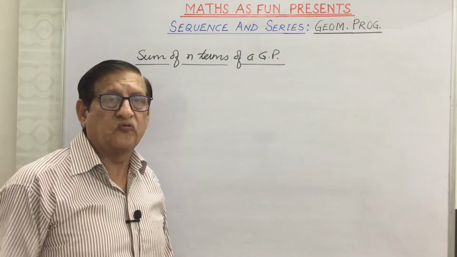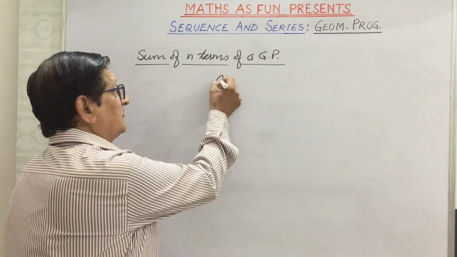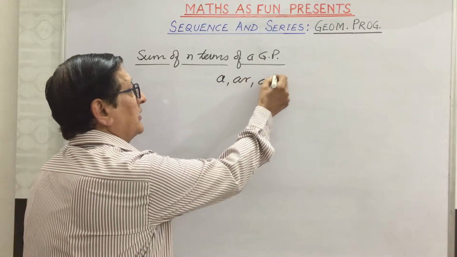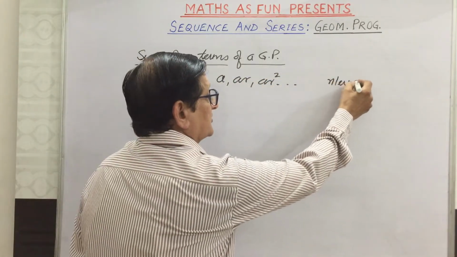Now we will learn to find the sum of n terms of a GP. The GP is given to us as A, AR, AR square and so on, and there are n terms in this.